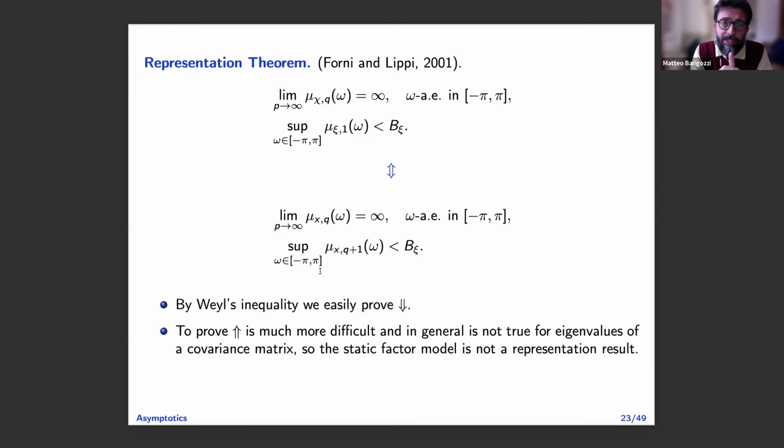It shows that if you have a data set where you decompose into common and idiosyncratic components with these two properties for the eigenvalues, which are the same that we assumed in the previous slide, then, and this is obvious going down, the data will also have an eigengap. So the first Q eigenvalues diverge, the remaining ones stay bounded. This is obvious going in this direction because it's Weyl's inequality. It takes one second to prove it.